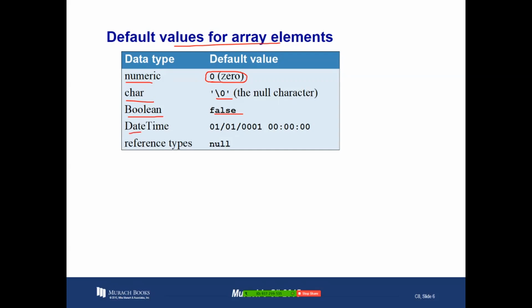And if it's a date-time array, then this is the default value, which is January 1st, 0001. And if it's a reference type array, then it's null. In other words, it's not referring to anything.